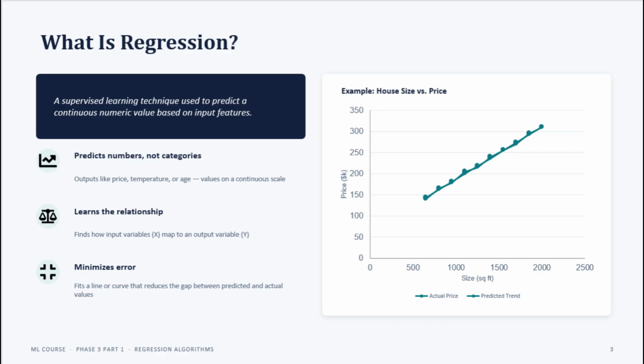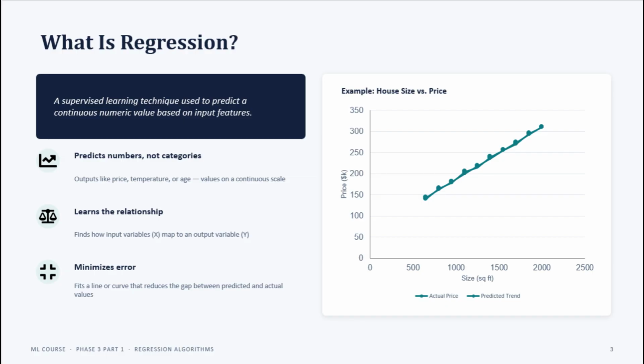Regression is a supervised machine learning technique used to predict continuous numerical values. In simple words, whenever we want to predict a number instead of a category, we use regression. For example, predicting a house price, a person's salary, tomorrow's temperature, or the sales of a business.